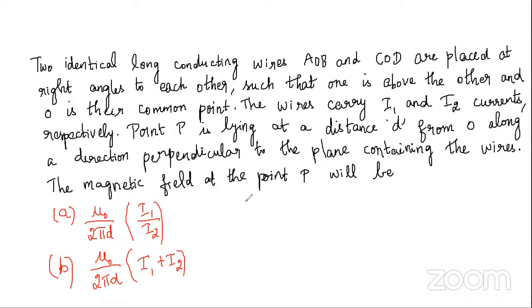Option C: mu naught by 2 pi d into I1 squared minus I2 squared.